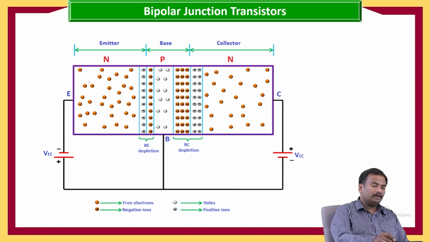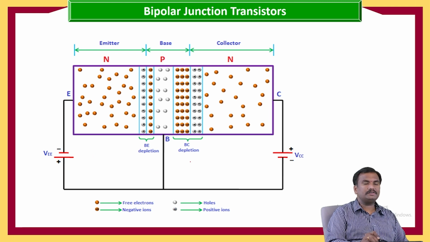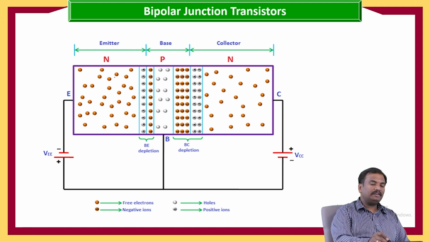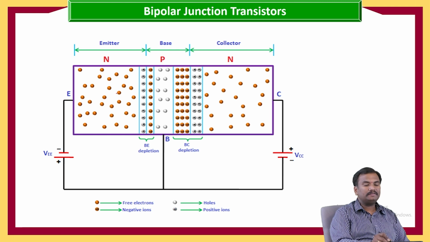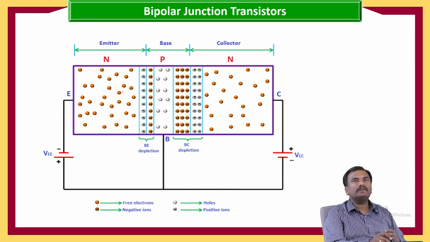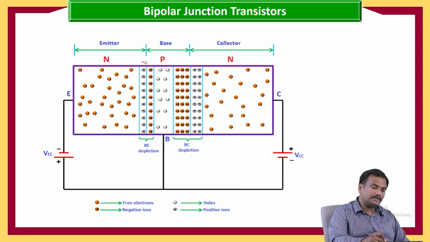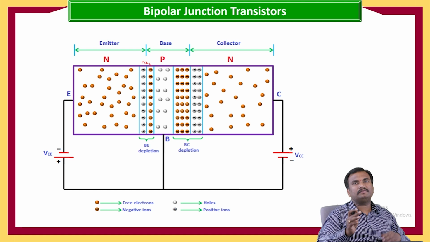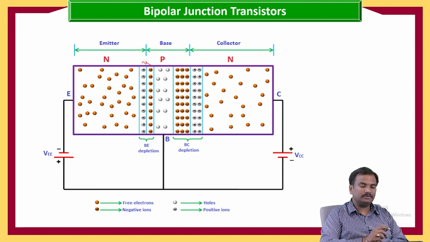When the emitter base junction is forward biased and the base to collector junction is reverse biased, the electrons repel the negative battery supply and start moving from the N layer to the P layer, so the depletion layer size will reduce.